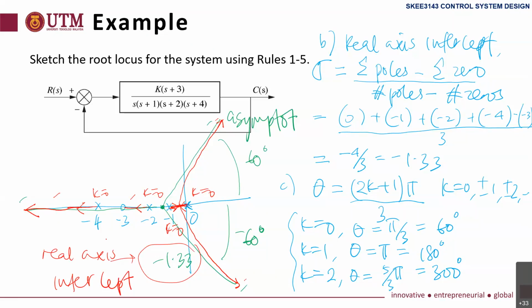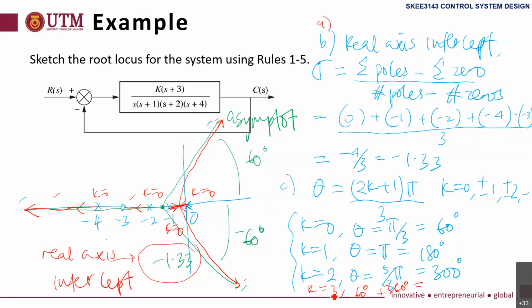But usually the number of K that we will be using is according to the number of asymptotes. Here we have 3 asymptotes. In equation A, we have 3 asymptotes. That's why I use K 0, 1, 2. If you use K equal to 3, you get again 60 degrees plus 360.